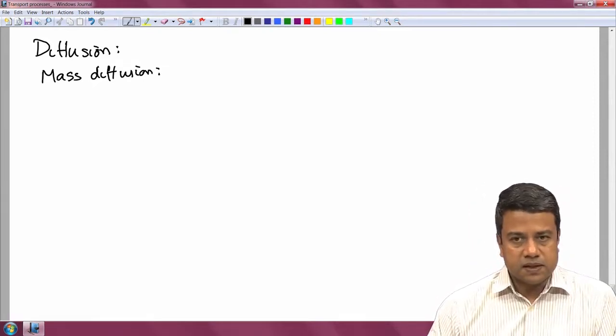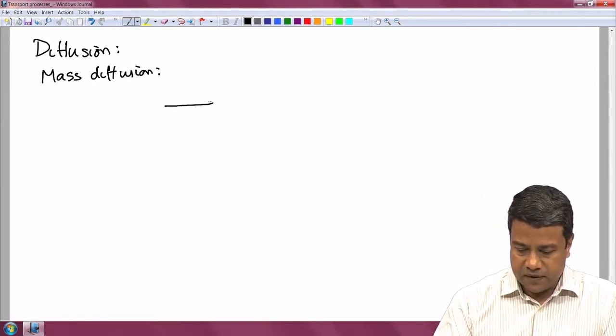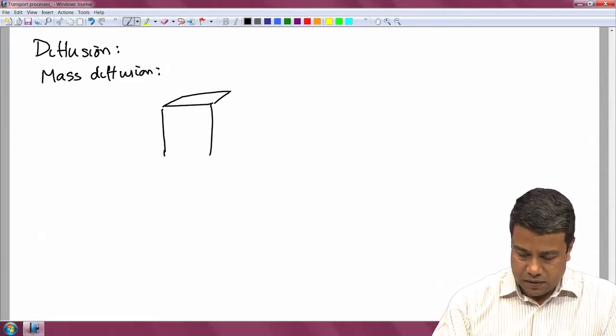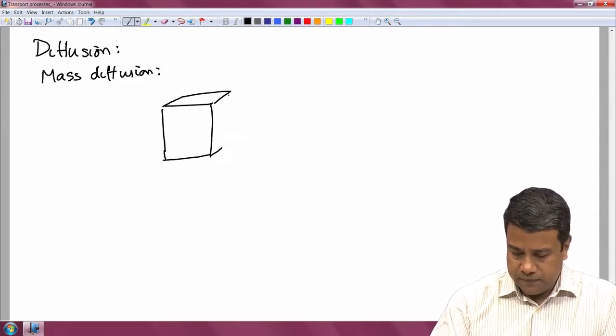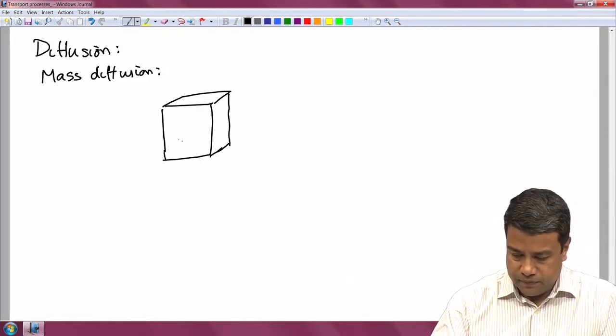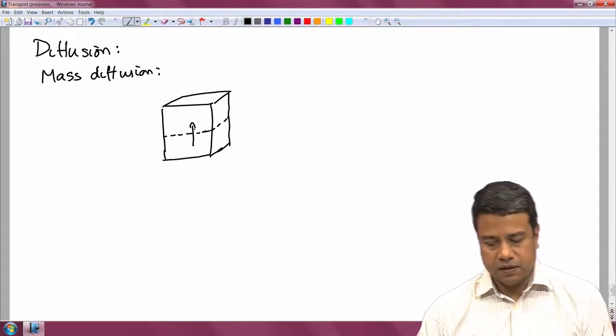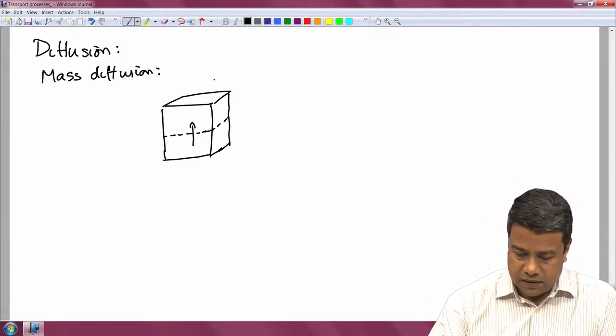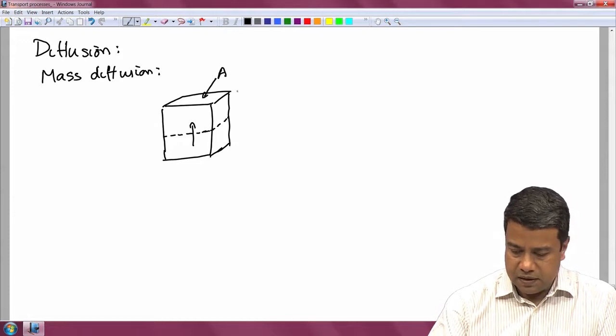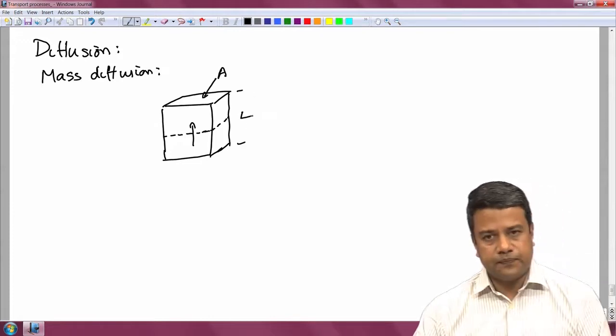So, basically what it states is that if I had some surface within a volume of fluid, and I wanted to find out what is the flux across the surface. Area of cross section is A, length is L.